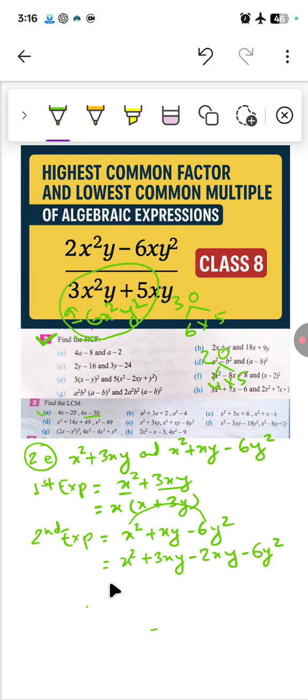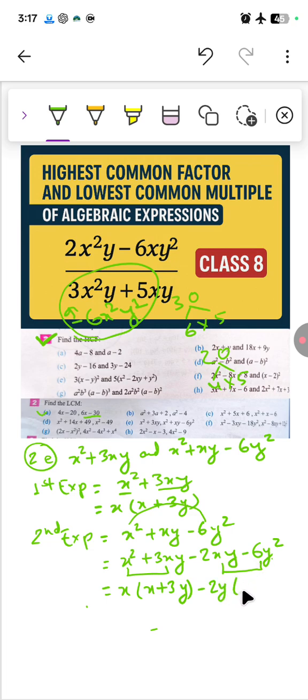Now let us take common between the first two terms and the last two terms. If we take common between the first two terms, x is common. What will be left? x plus 3y. In these two terms, what do you see? Minus 2 is common. 6 is the multiple of 2 and 3, and y is also common over here.